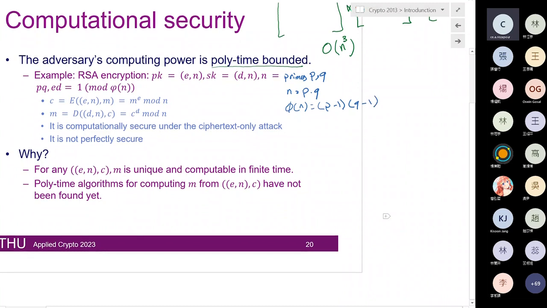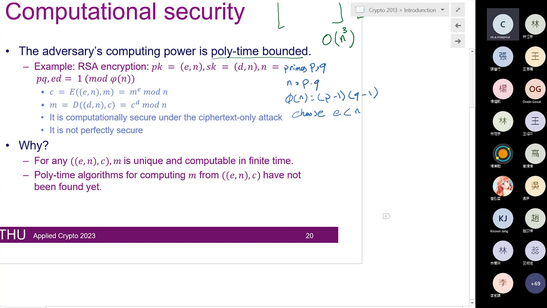And then once we did that, we would choose some value E, which is less than N. We basically choose it to be random, let's say for this practice. So we would choose an integer that is just less than N. And this is going to be your public key in RSA.